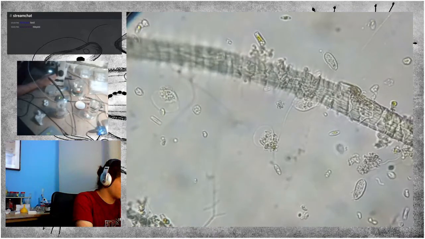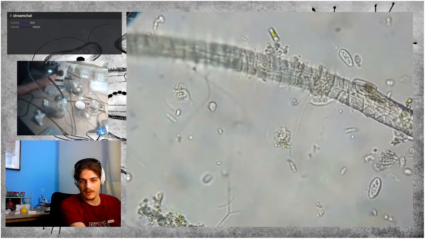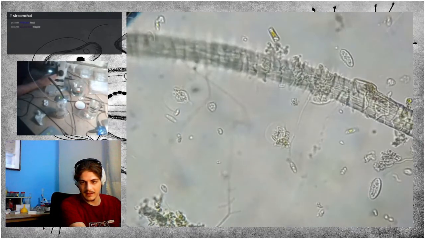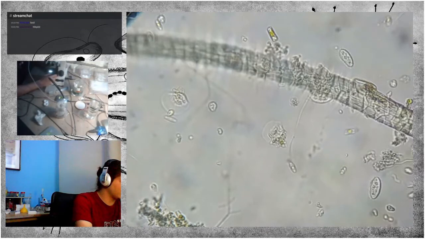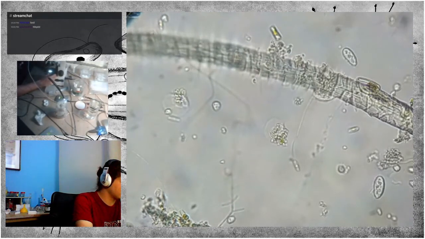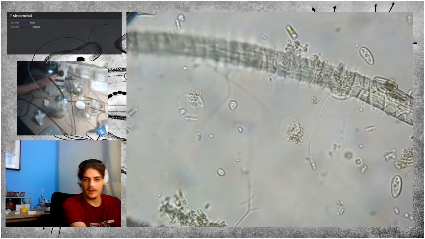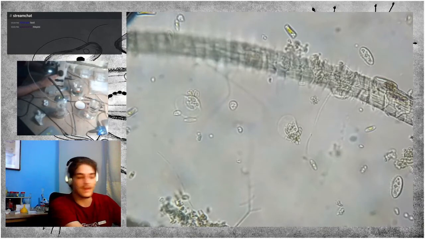And there is one other amoeba right in the center of the screen now. What seems like debris with a flap. That one has eaten a very small diatom. You can just barely see it.